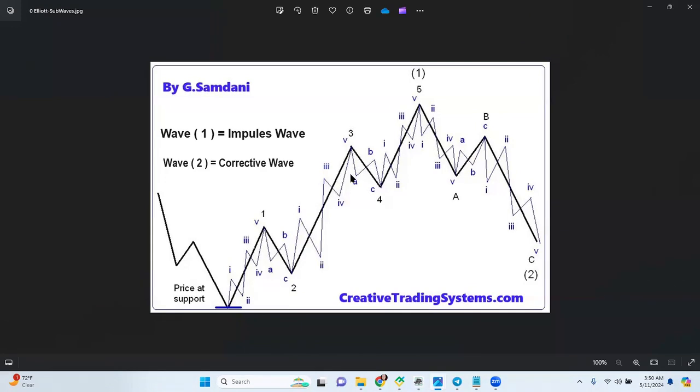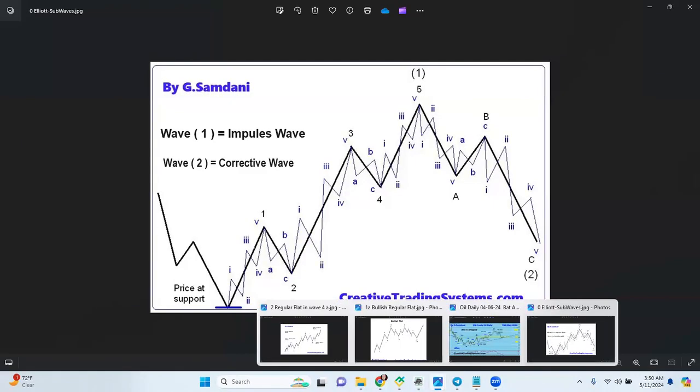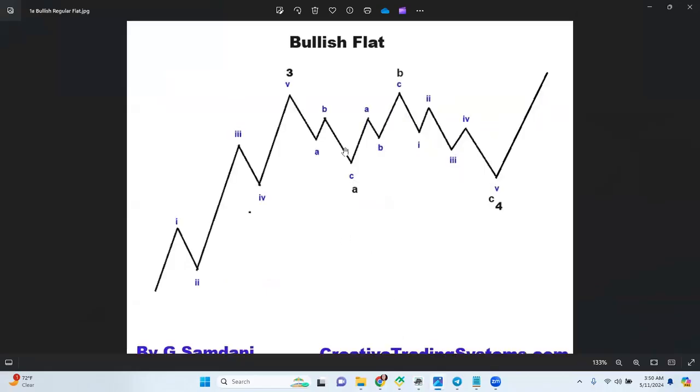And again, like I said, it comes sometimes 3-3-5, sometimes 5-3-5. B is 3 waves 95% of the time. So that is called a flat correction, where B is lower than the high of wave 3, and C is a little bit equal or a little bit below wave A.